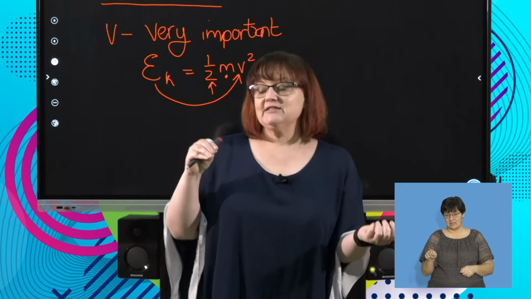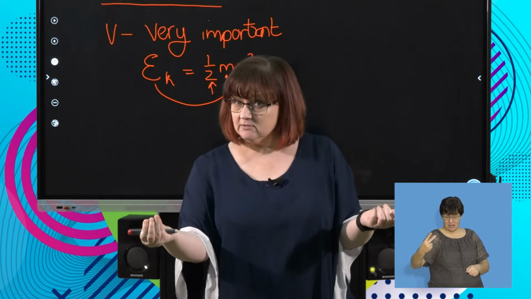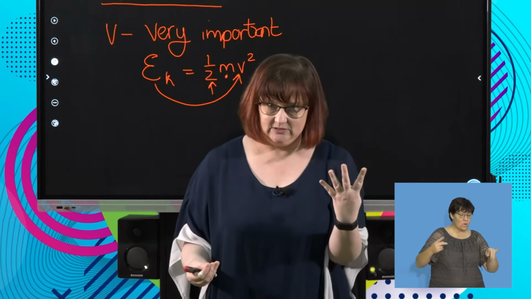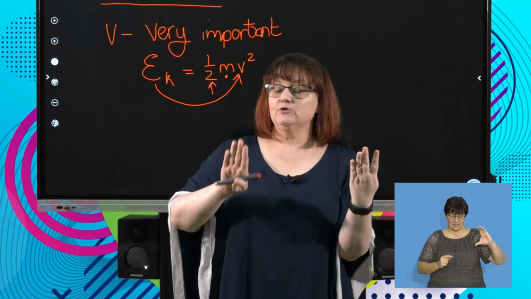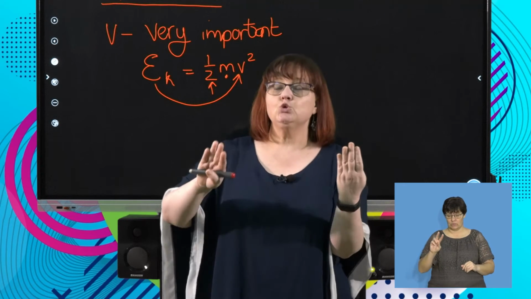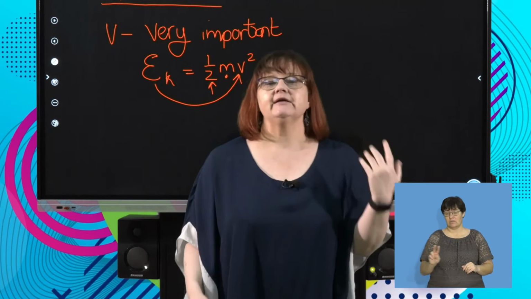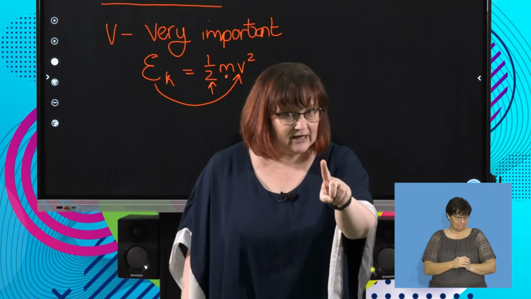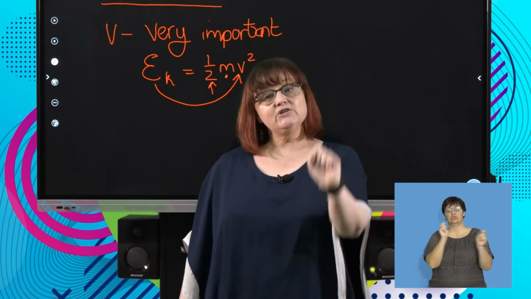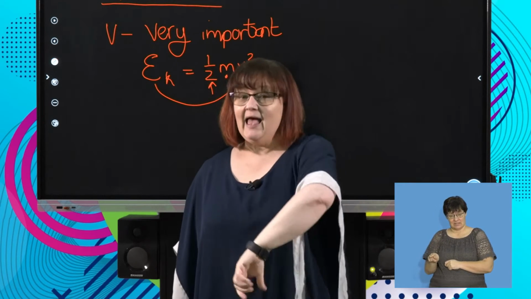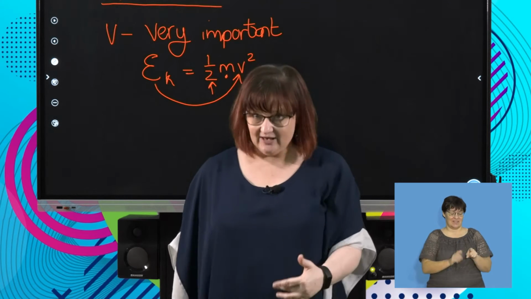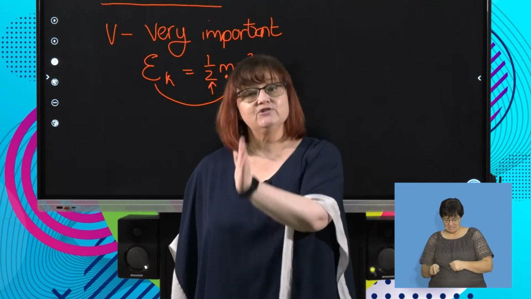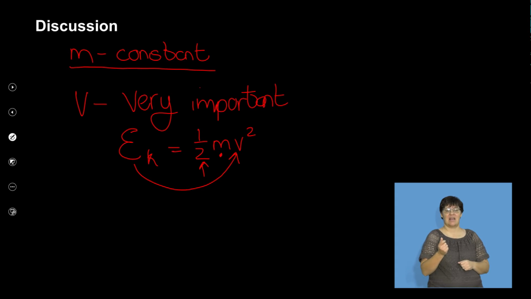So if velocity doubles, kinetic energy becomes 4 times bigger because we went 2v, 2 squared is 4. So we've got to keep that in mind, which means for us that a change in velocity has a much bigger effect on kinetic energy than a change in mass does, okay?